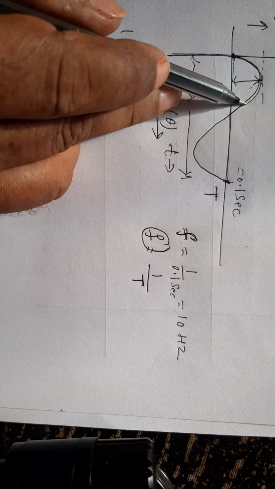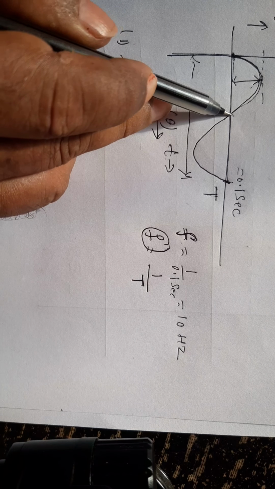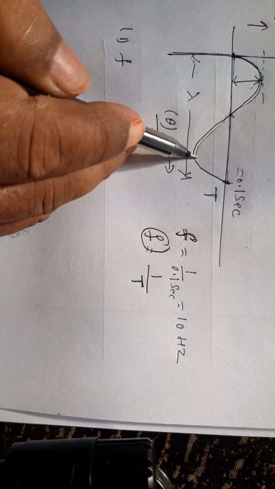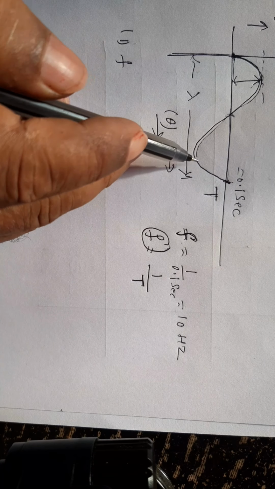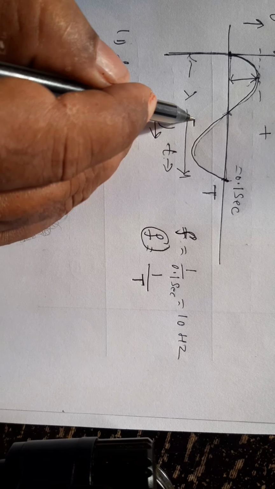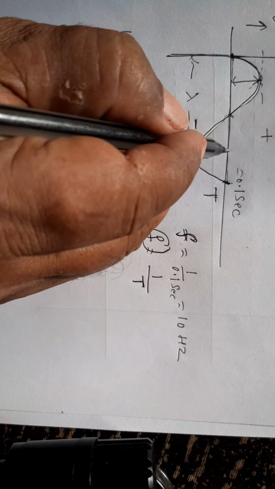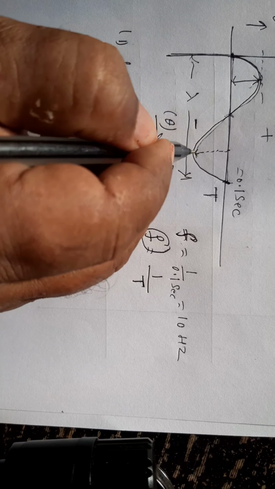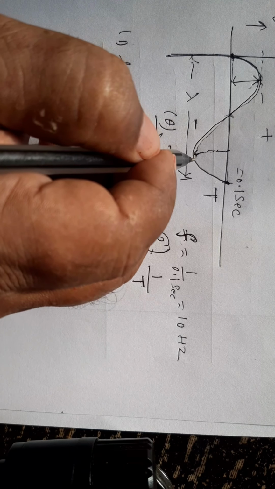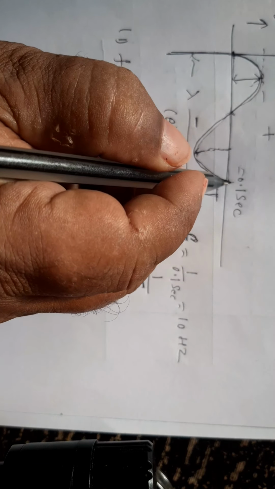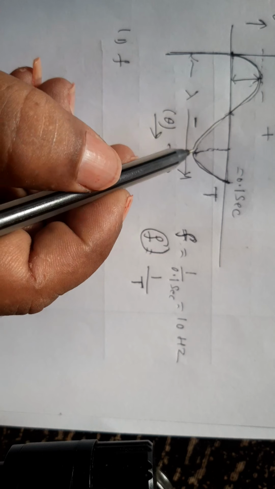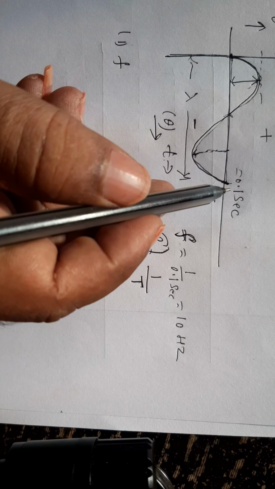Again it decreases from the maximum value to 0. Again it increases to a maximum value, but in the negative direction. This is the positive direction, this is the negative x-axis, so negative direction. Here also you have a maximum voltage negatively. Again it decreases to 0.